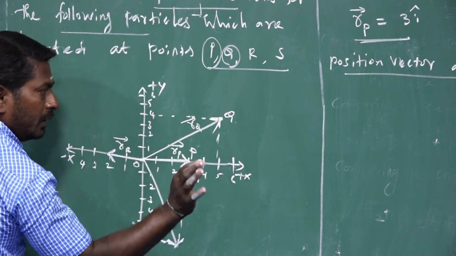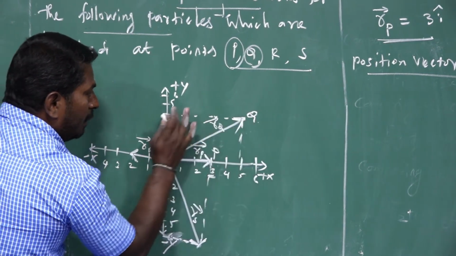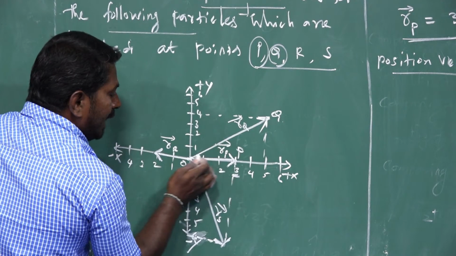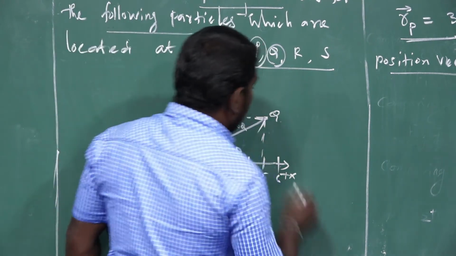You can clearly see in the picture that point Q is lying in the plane of plus x-axis and plus y-axis, lying in the xy plane.